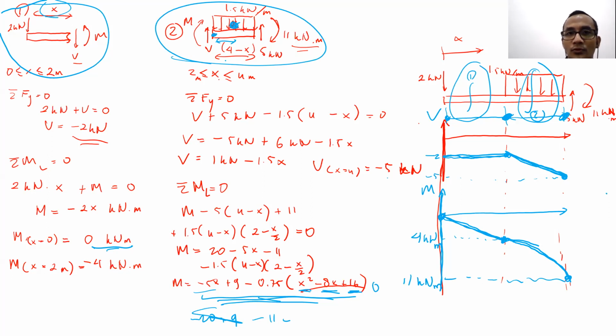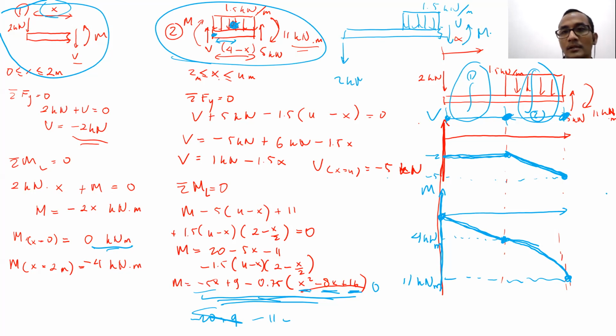If we want to draw from the left side of the cut, as I told you before, it will be like this: 2 kilonewton, then there will be a distributed load here, 1.5 kilonewton per meter, and then this is the internal shear force and internal moment.